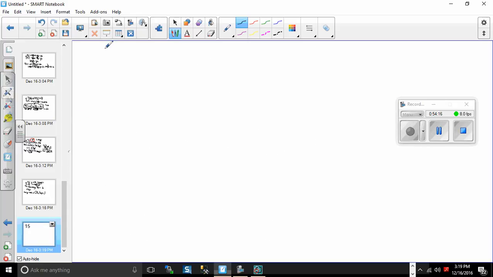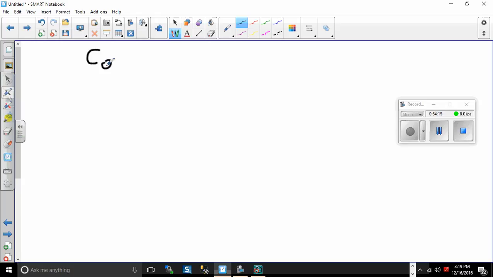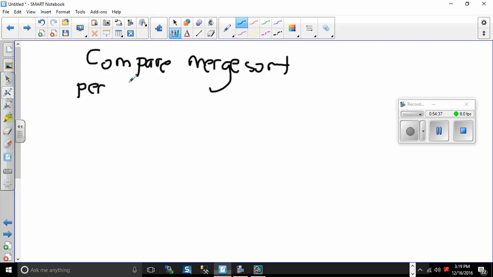So let's compare merge sort performance with selection sort.